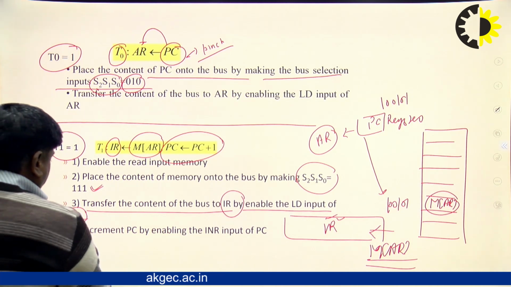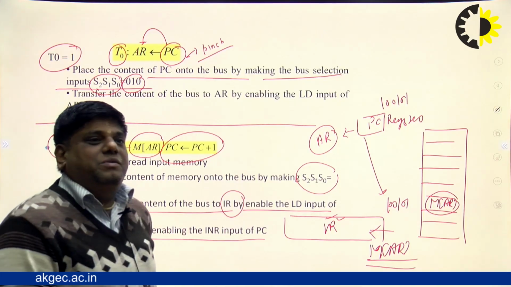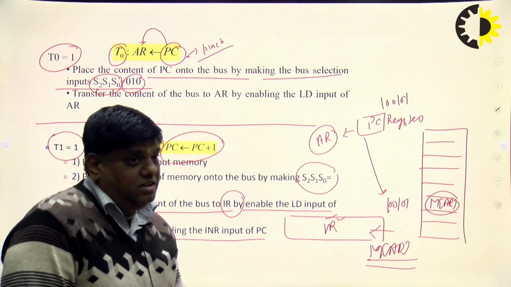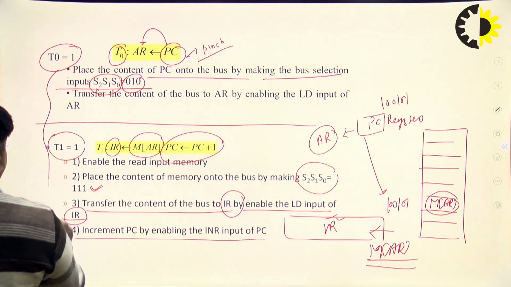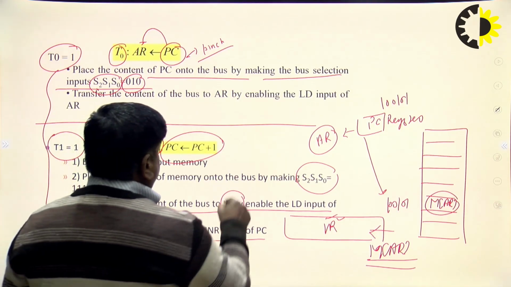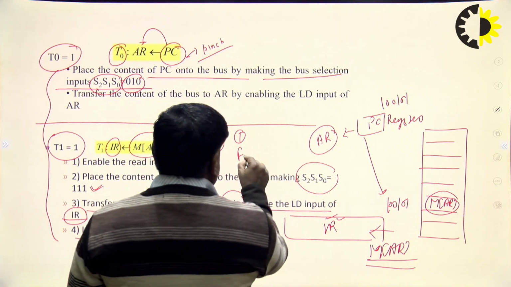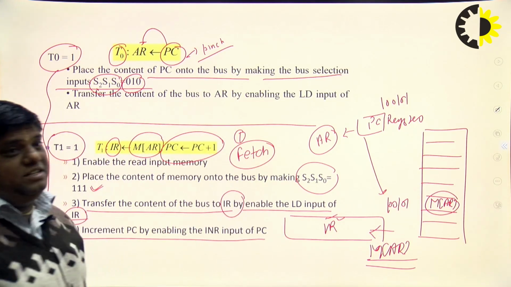After transferring into the register, the PC increases, that is PC is equal to PC plus 1. Now this whole process of T0 and T1 is known as the first step of the instruction cycle, that is known as the fetching of the instruction.